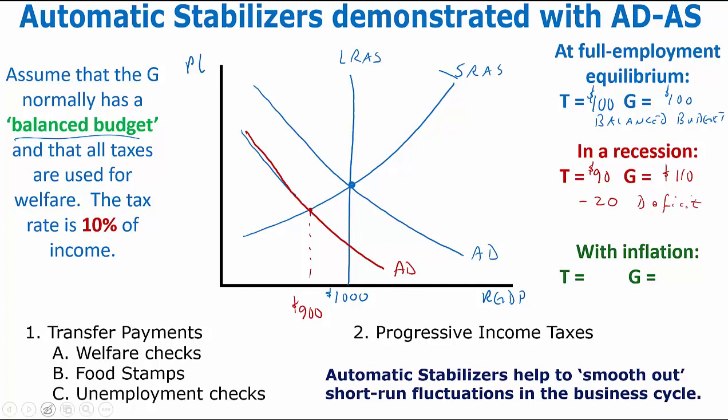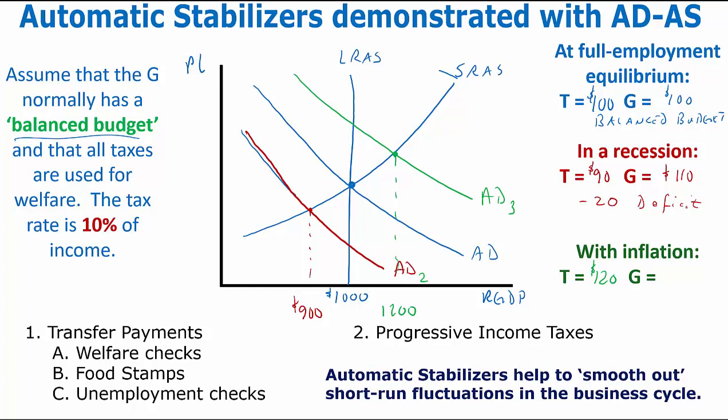Now, let's see, there's inflation. Aggregate demand increases. By the way, I should have put a 2 there. All right, and now at this equilibrium, maybe 1,200 is the GDP. So now taxes are going to be 120 because it's always 10% of the income. But now, with the economy that strong, there's no way that there's as many unemployed people or people on welfare.